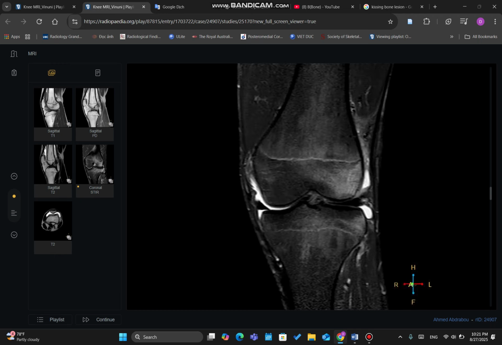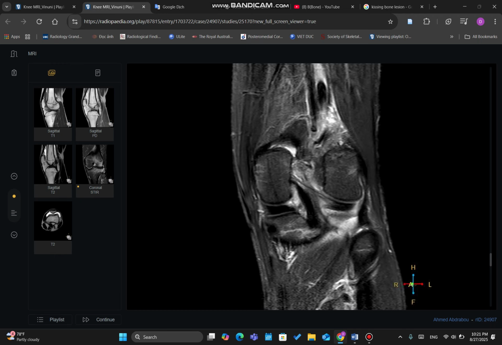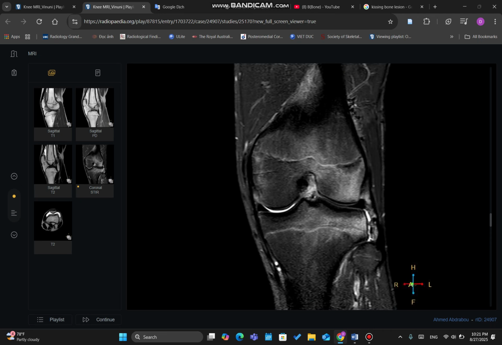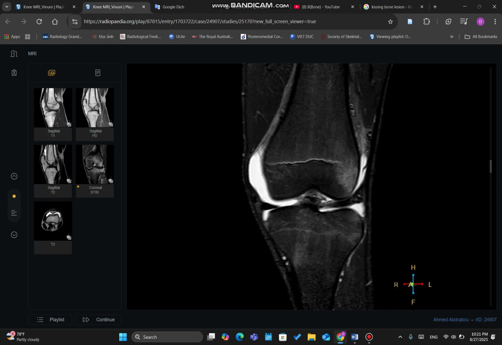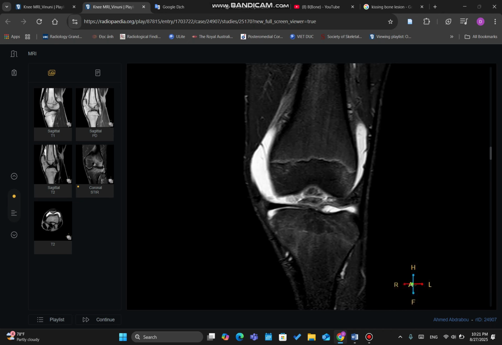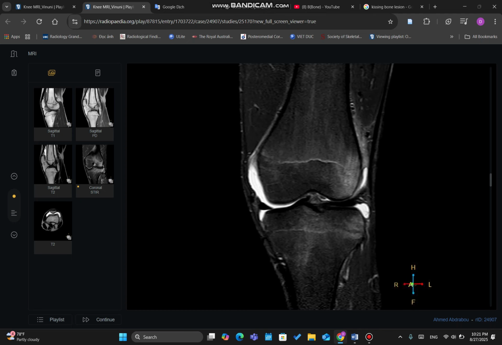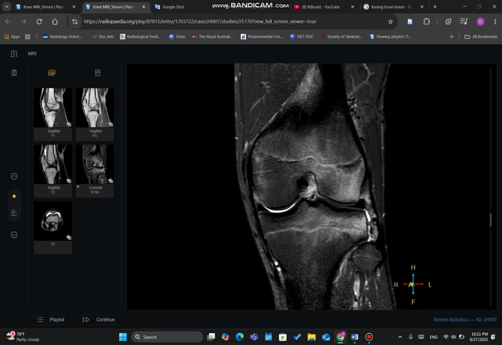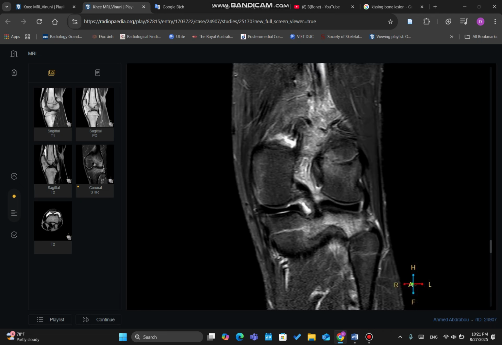On the other hand, if the hypersignal line in the meniscus is not iso signal with the joint fluid, which means that it is hypersignal but not as bright as the signal of the fluid in the knee joint, that refers to a case of degeneration rather than a meniscal tear. Yeah, that's the case.